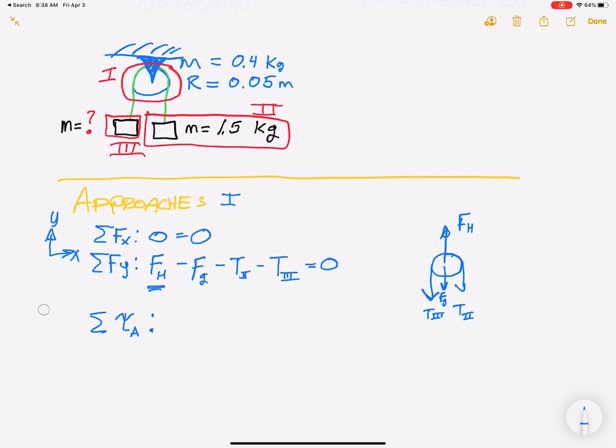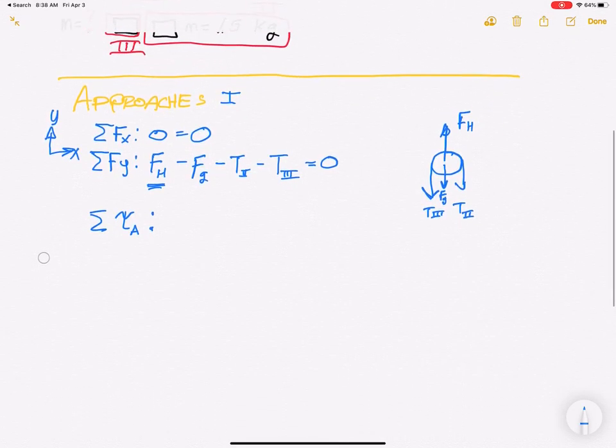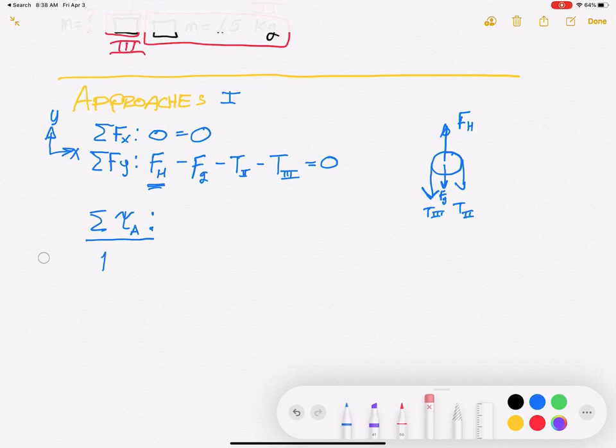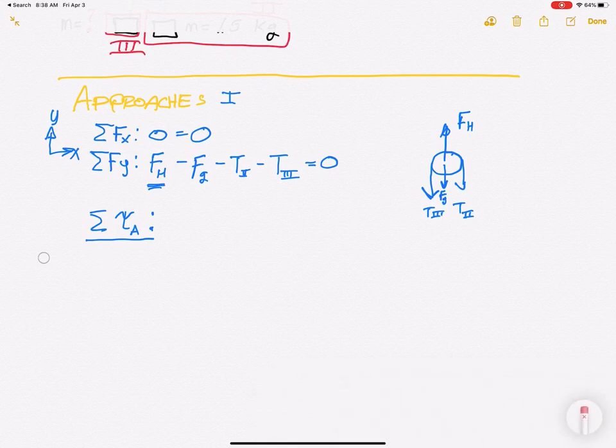Okay. So when calculating torques, it's useful to list every force we've got. And just a listing of forces.